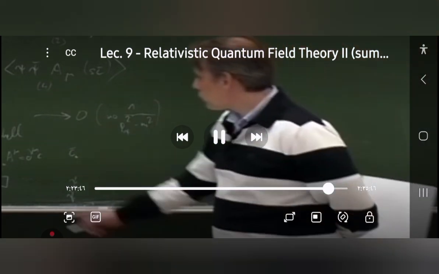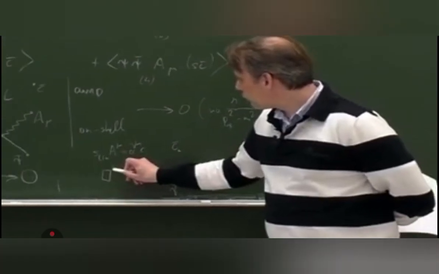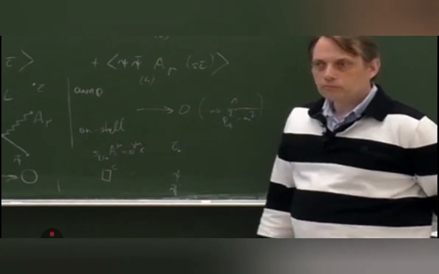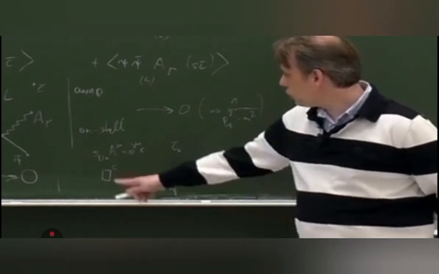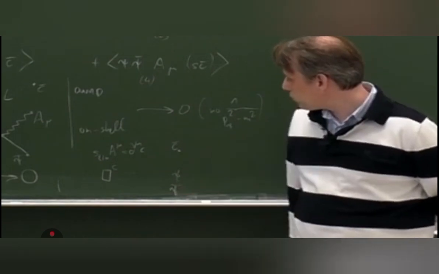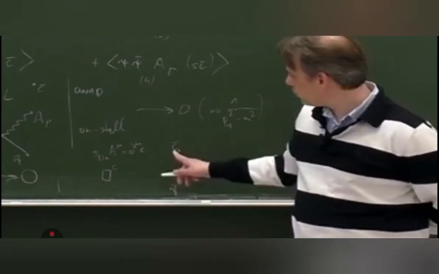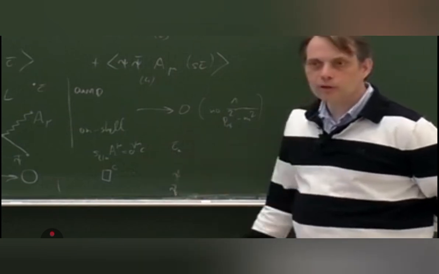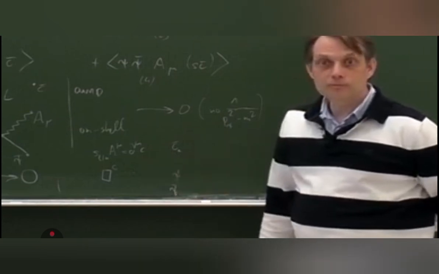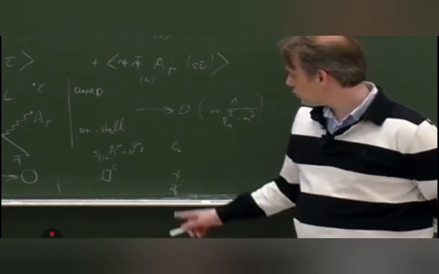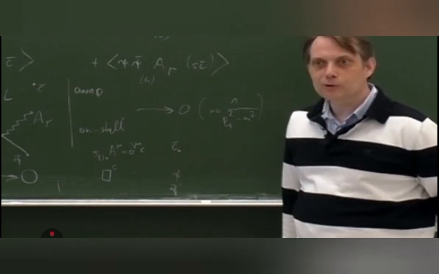So this is now really nothing different from having an external ghost. Here we have an external anti-ghost, here we have an external ghost, here we have an external psi, psi bar. Where have you already seen something with an external ghost, anti-ghost, psi, psi bar? Have you already seen such a thing? C bar, psi, psi bar.